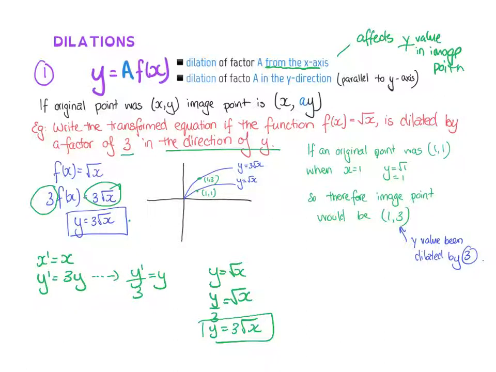This image way is better for what we're going to head into later. I also showed you that in the original square root graph, if x is 1, y is 1. But in the new one, if x is 1, y should be 3 times what it was before, which it is.